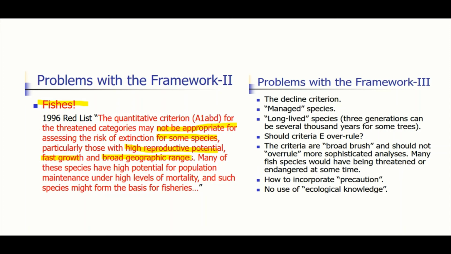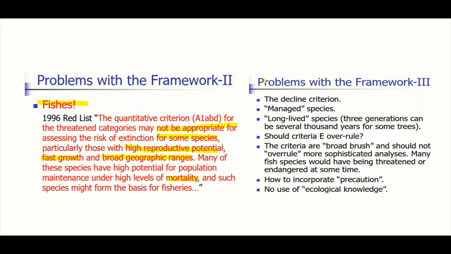For example, the species within the oceans have such a broad geographic range that it is difficult to assess their risk of extinction. Many of these species have high potential for population maintenance and high levels of mortality. Such species might form the basis for fisheries. So usually, fish that live in the seas have a very high reproductive rate, yet they also have a high mortality rate. So using this criterion on some of these species may not be giving us the correct picture.